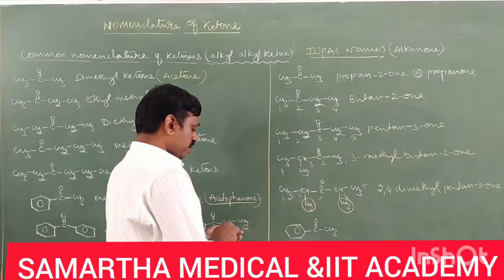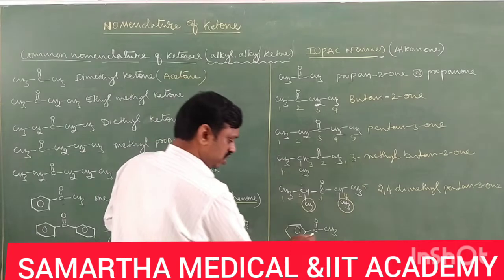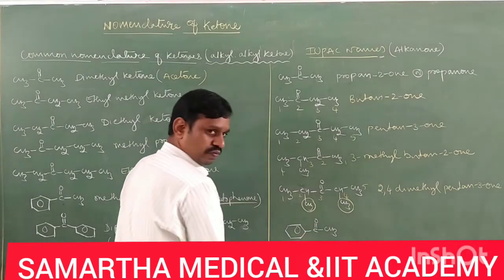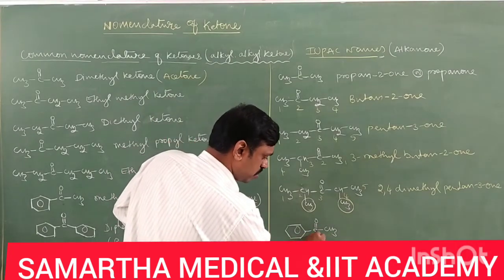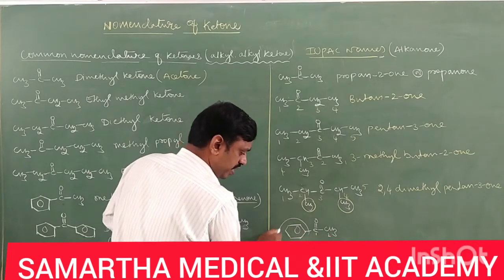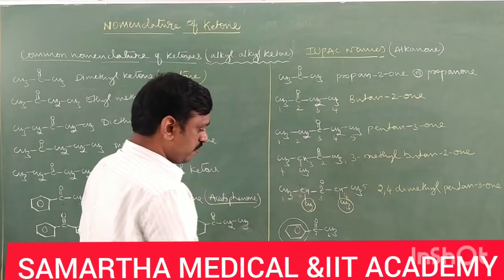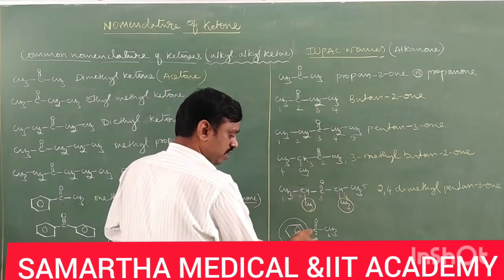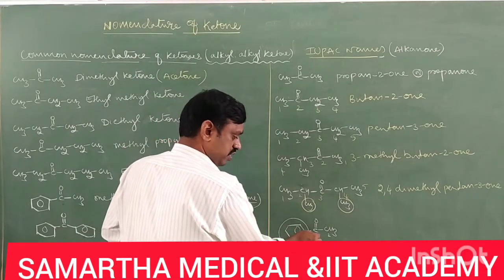So for the IUPAC name we give the numbering. This is the C double bond O group, right? It is a CH3. I'll give the numbering 1, this is 2. Now here the phenyl ring is there, right? This phenyl ring is present on which carbon? First carbon.